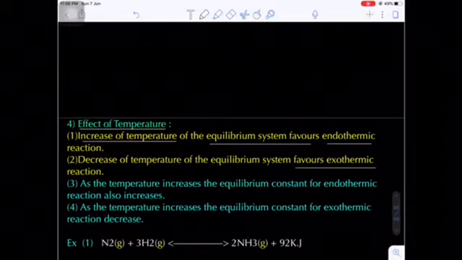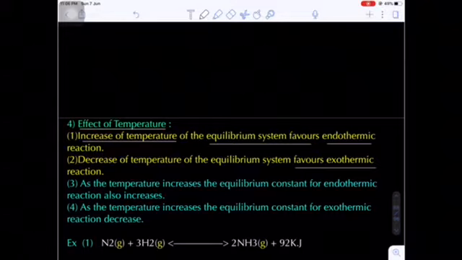Are you getting my point? Now suppose you are decreasing the temperature. The system has to lose heat energy, because you are decreasing the temperature, so the system has to compensate for the decrease by releasing heat energy. That means the system moves in the direction where heat energy is released.